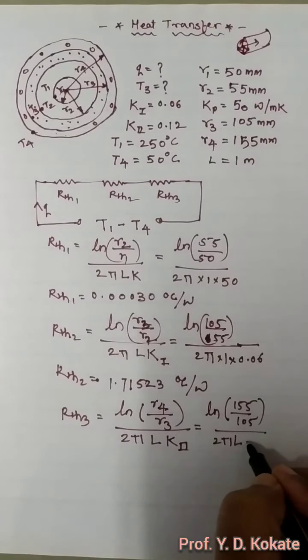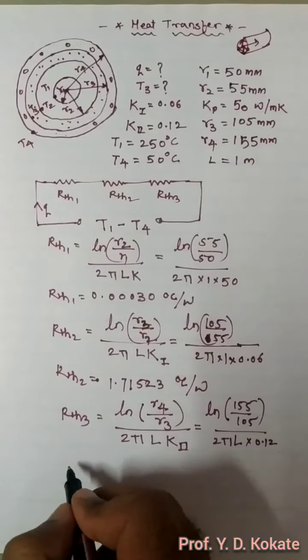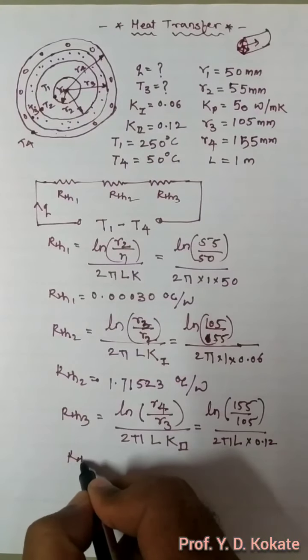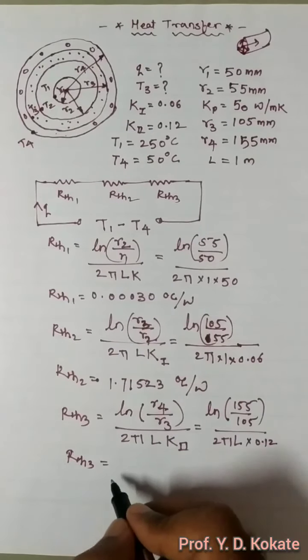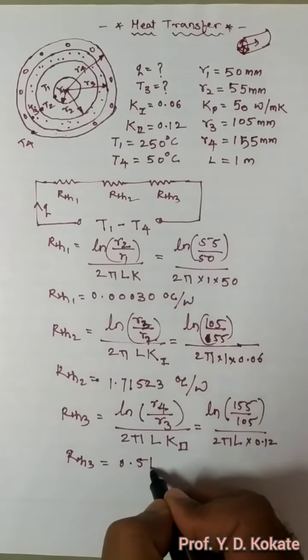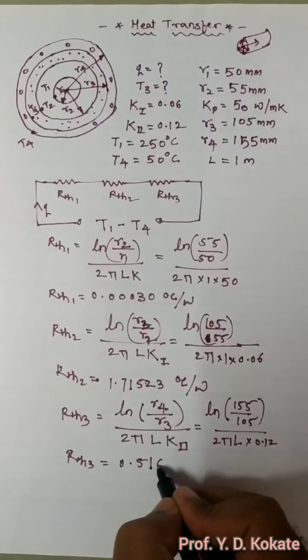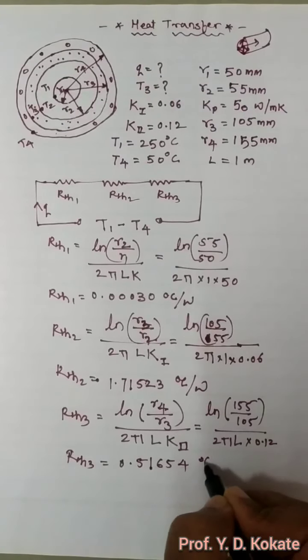It will be 0.12. And for L we already take it as 1. So we have an RTH3 value equal to 0.51654 degrees Celsius per watt.